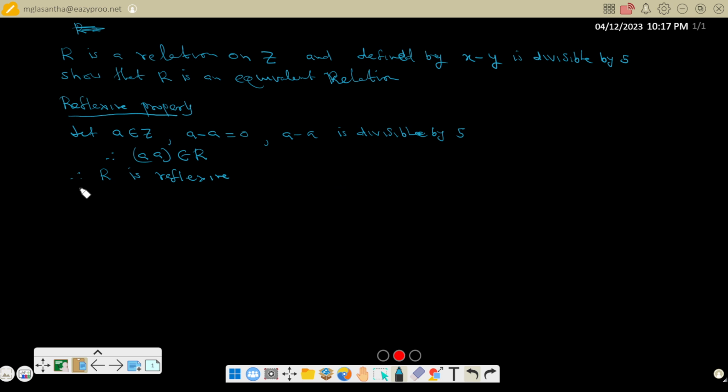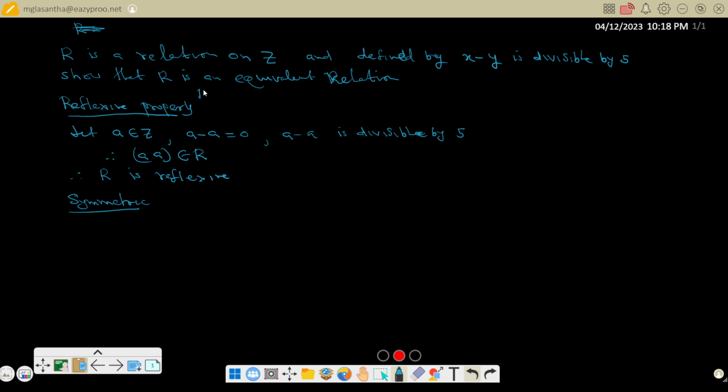Then you check whether this relation is reflexive, then symmetric. So a minus a is equal to 0, sir. How is it 0? Because our relation is this one.